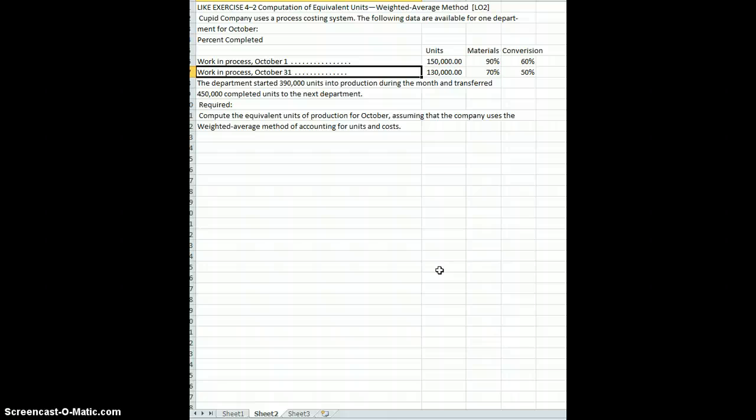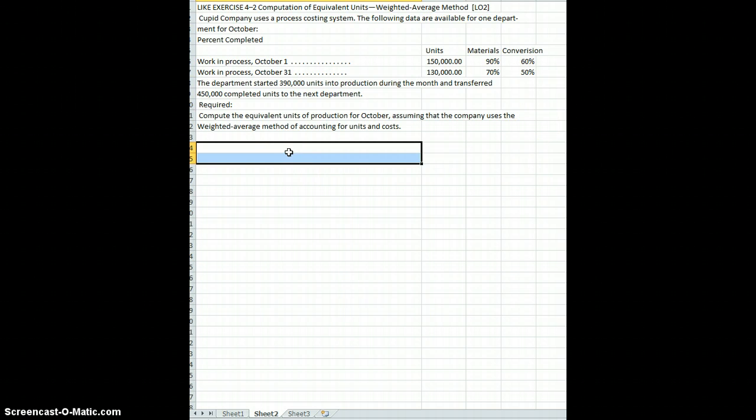So sometimes we call them equivalent units of production, and we're trying to think about how much we need to take into account for work that was somewhat done and has costs associated with it, but wasn't a whole unit. So we're going to look at materials and at conversion, remembering that conversion is direct labor and overhead.